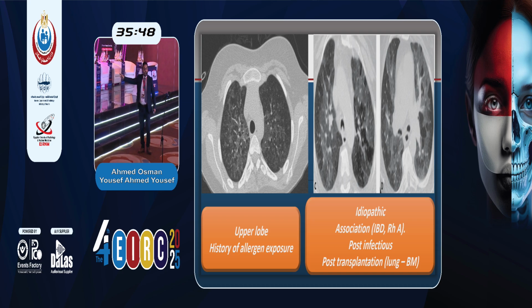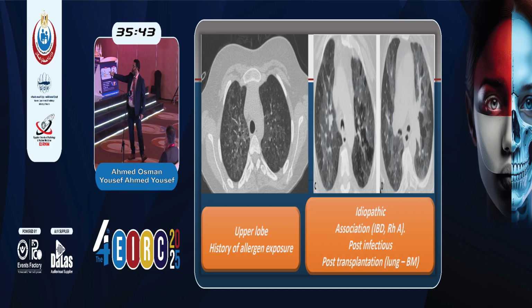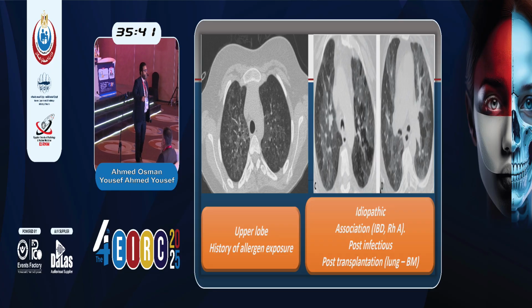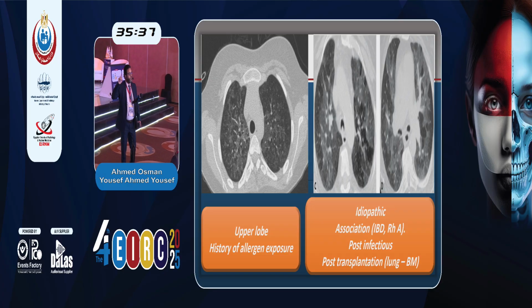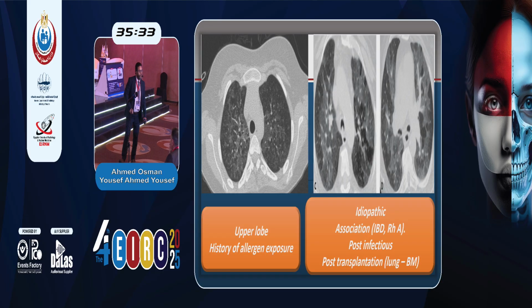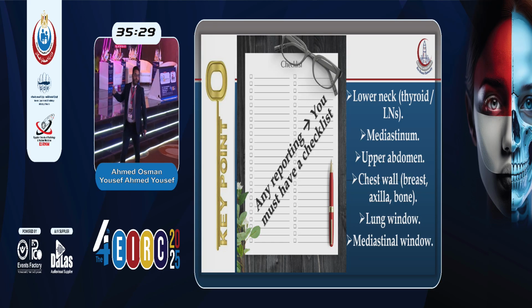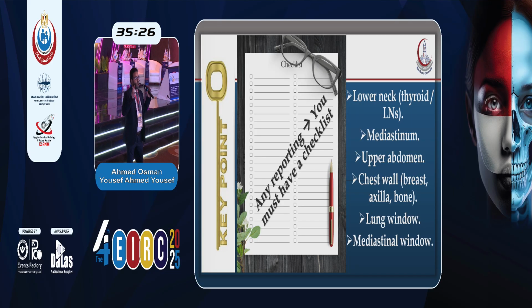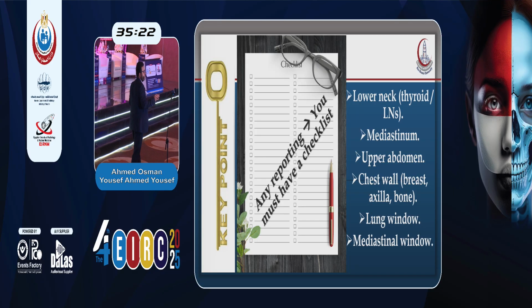There is a strong association between bronchiolitis obliterans and inflammatory bowel disease. And looking backward, this case had a history of bowel disorder, so we are dealing with a case of bronchiolitis obliterans.